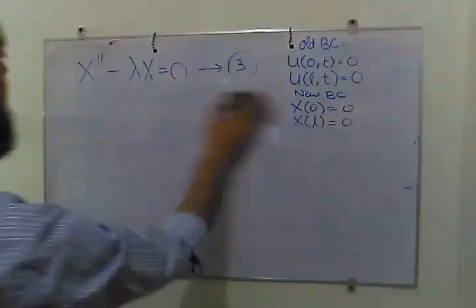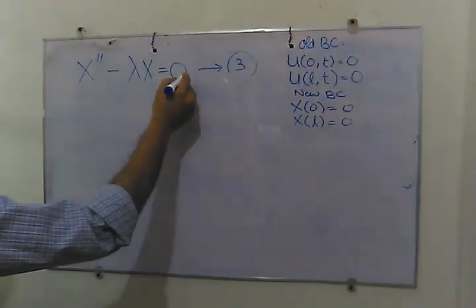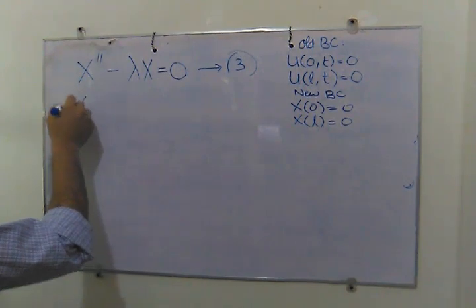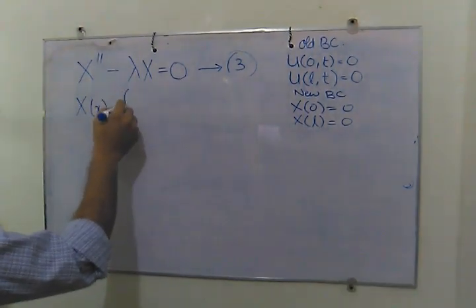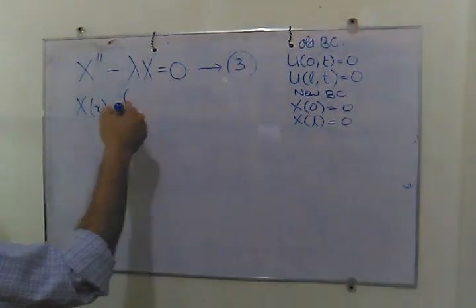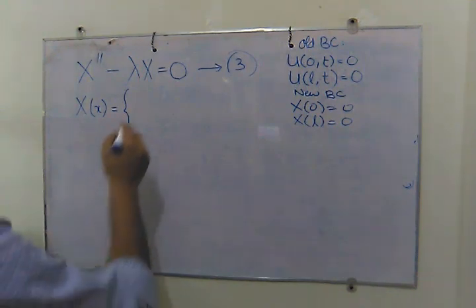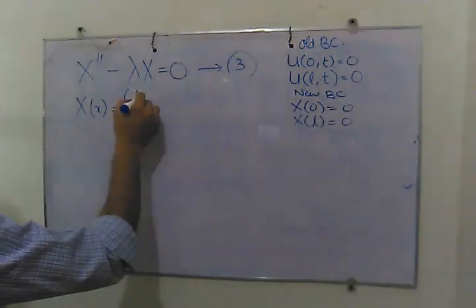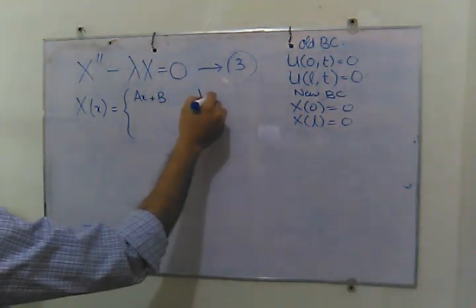Equation number 3. We know that this kind of equation we have already solved in previous videos, and based on the value of lambda it has 3 different solutions. When lambda is equal to 0, the general solution would be ax plus b.